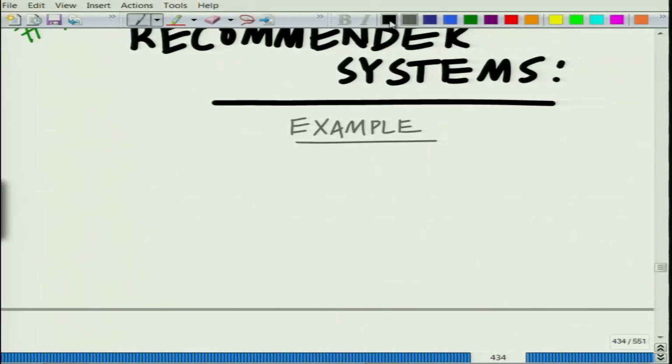So, let us consider a simple example. Let us set k, remember, is the number of movies. Let us set k equal to 3 and L, which is the number of users. You will remember L is the number of users. Let us set this also as 3.